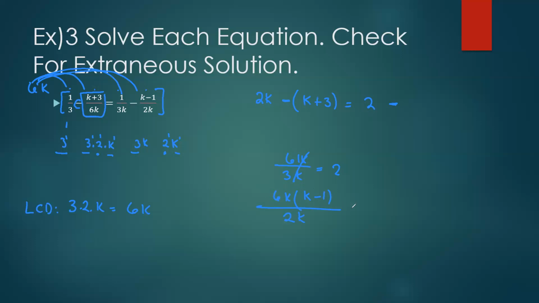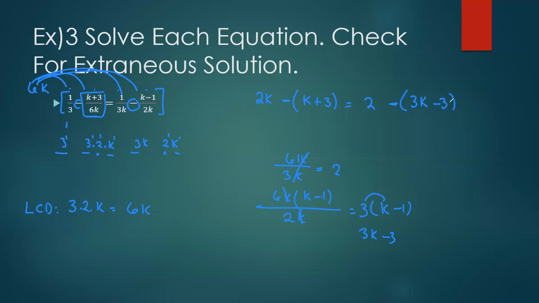So 6 divided by 2 is 3, and then the K's cancel. You're left with K minus 1. Let's FOIL that out, so it would be 3K minus 3. Remember, there is a minus right here, so you're going to have to distribute that minus later.